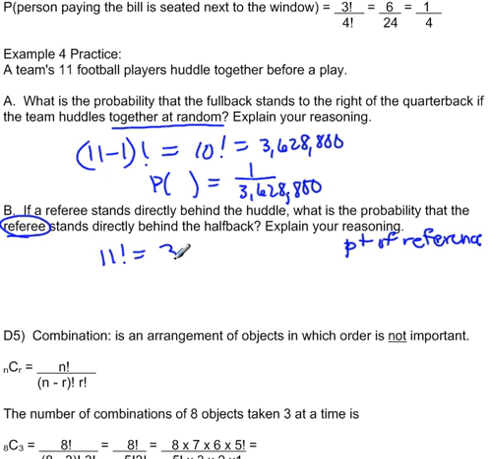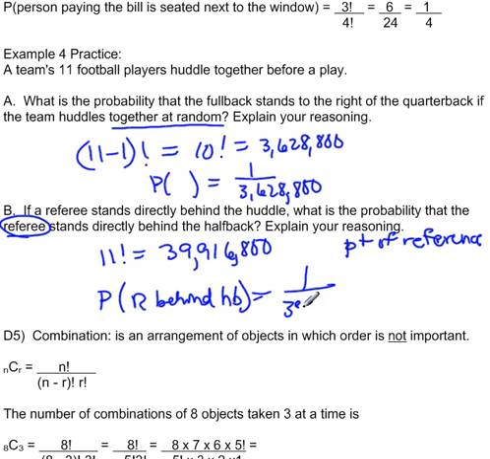So you come up with 39,916,800. So the probability of the referee standing behind the halfback is equal to 1 out of 39,916,800. Okay?